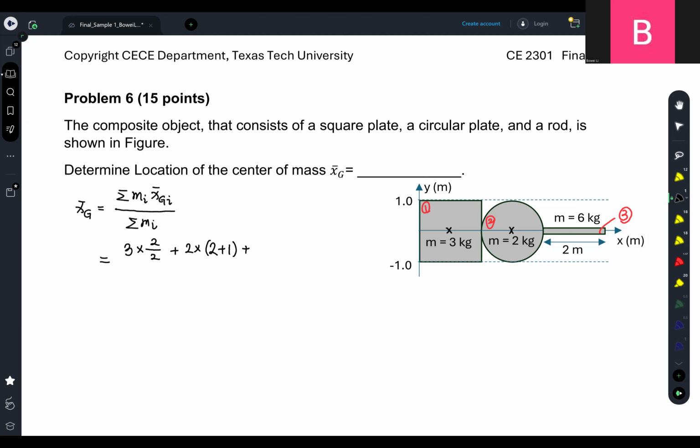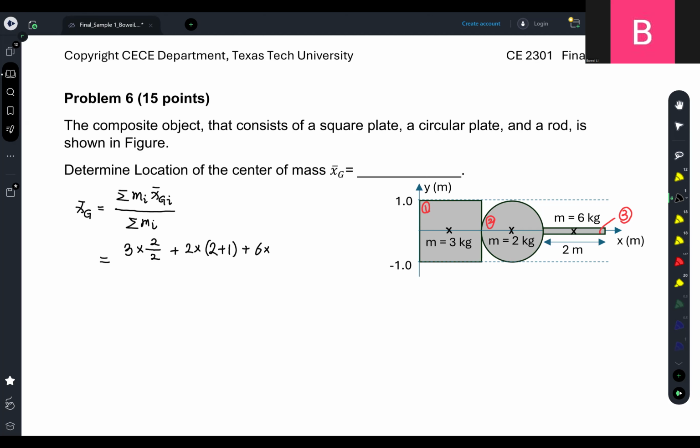And then our rod here, the mass equals 6, right? And where is the location of the center of mass of the rod? Again, it is at the very middle of the rod, so it is 1 meter from each end.